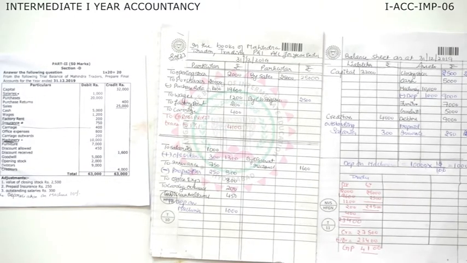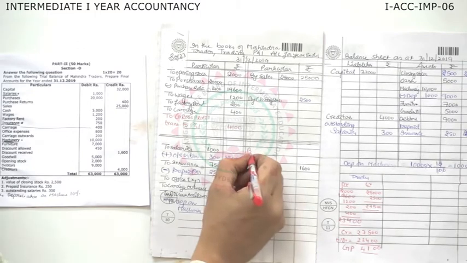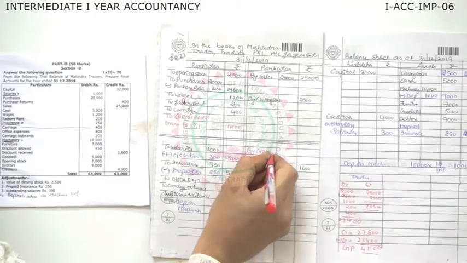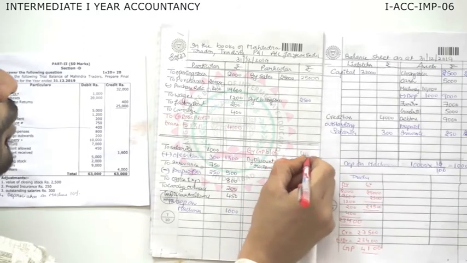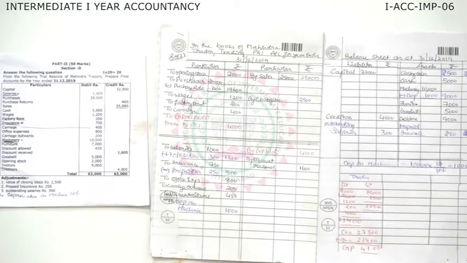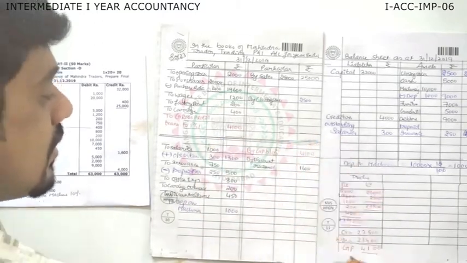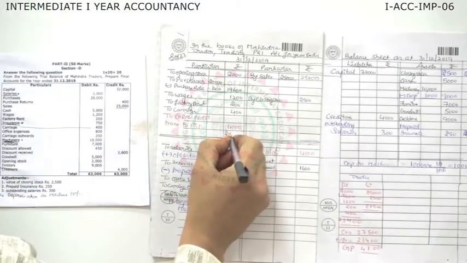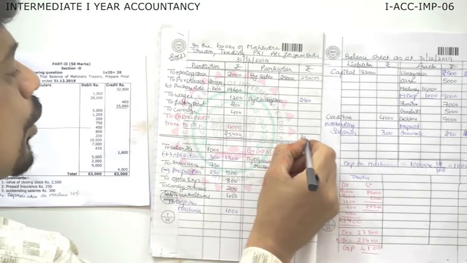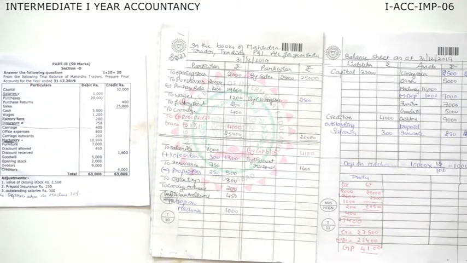This will be immediately transferred to the profit and loss credit side like this: by gross profit brought down 4,100, and close your trading account. You can draw the two lines and write the amount 23,400 on both sides. So the first part is over.